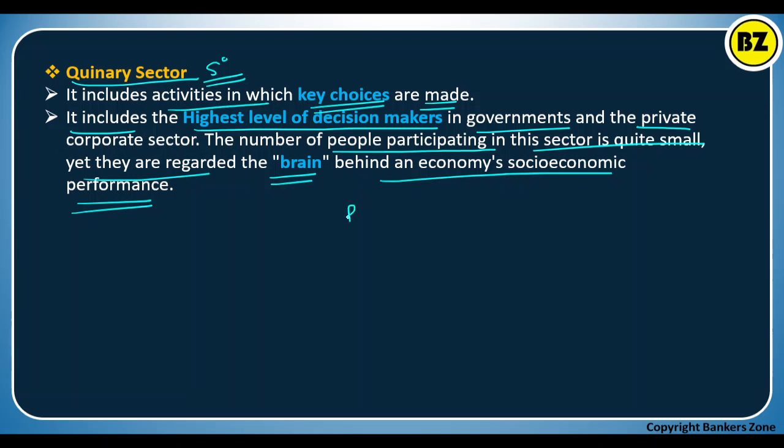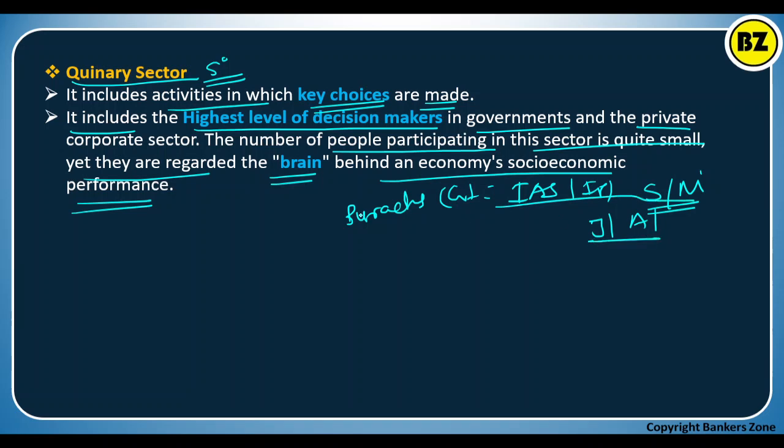All the bureaucrats in the government, for example, higher officers like IAS, IPS, then the different secretaries of different ministers, joint secretary, additional secretary. These all are the brains which basically run the country. Those brains are nothing but the quinary sector.